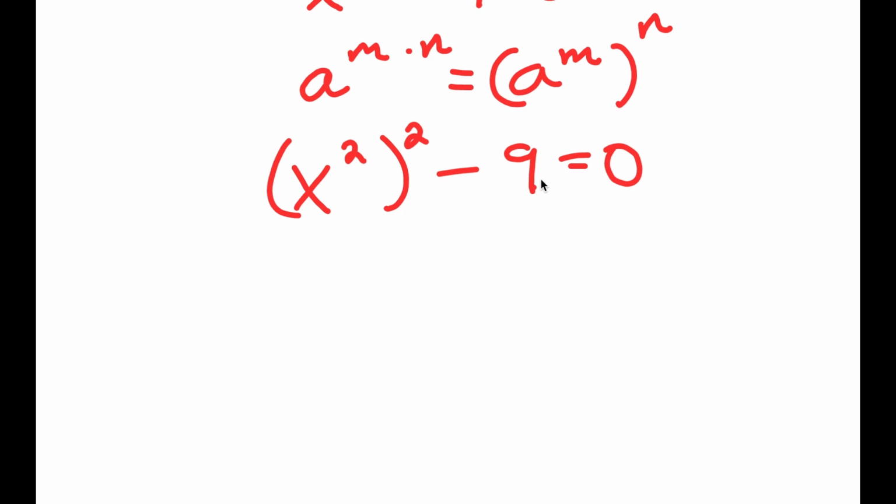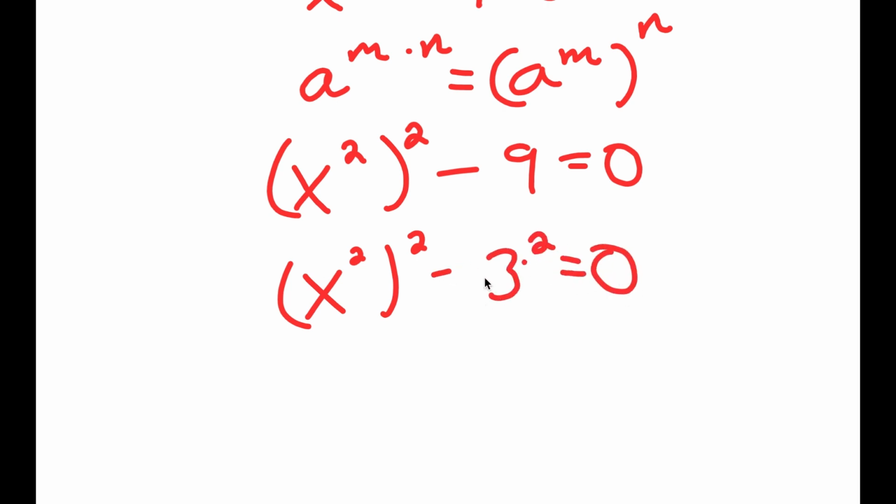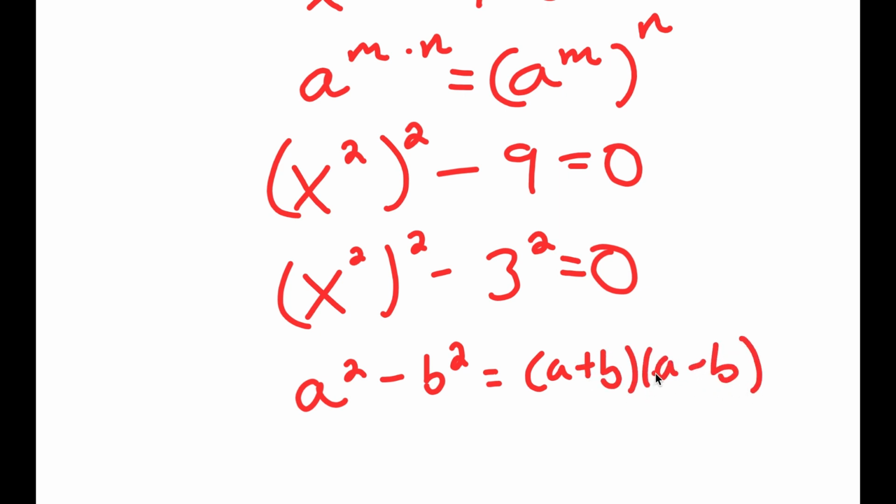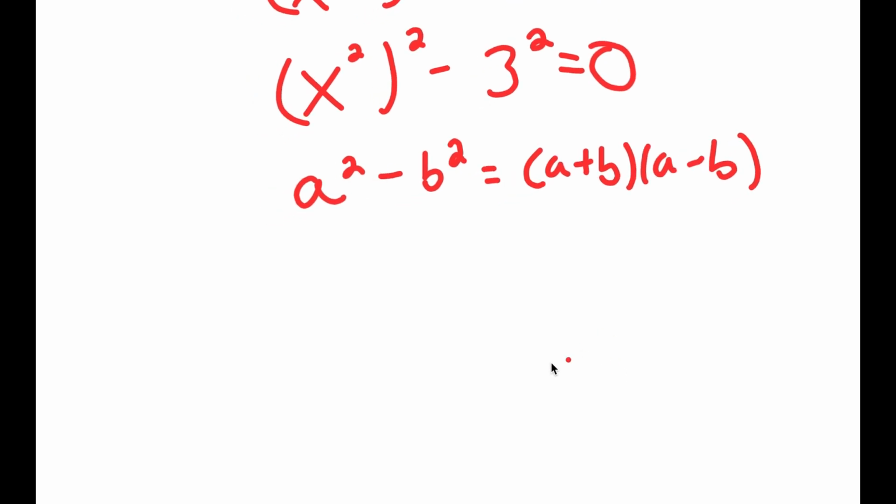Now I'm going to rewrite negative 9 here as negative 3 squared. And if I have something in the form a squared minus b squared, this is equal to a plus b times a minus b. So in this case, a is equal to x squared and b is equal to 3.